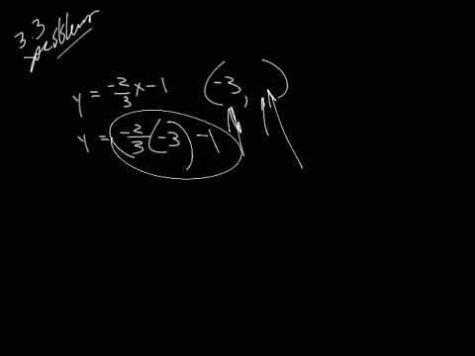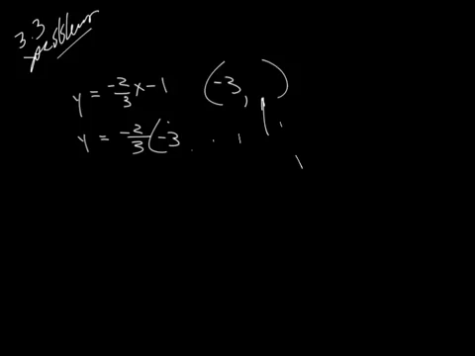And for the second part of that, they give you, instead of a negative 3 and a blank, what is it there? A 0, and they're asking you to find the y value. So you're going to put a 0 in. And then the next one, you're going to put a 3 in for x, and it'll spit out a y.